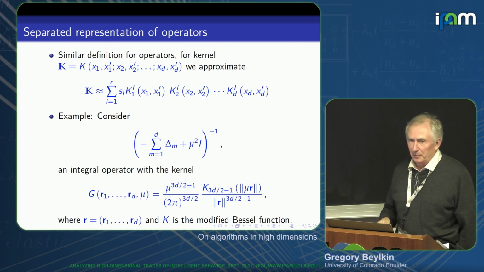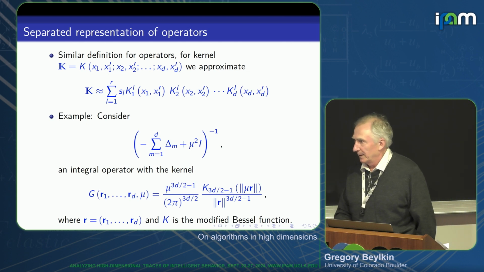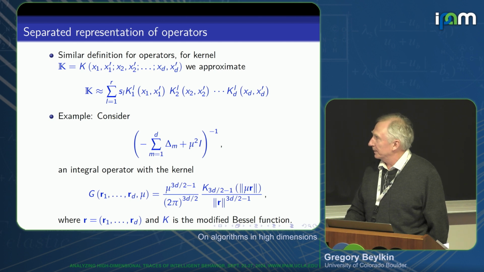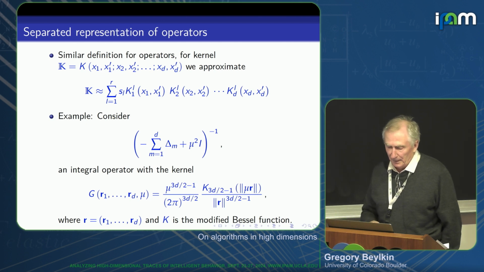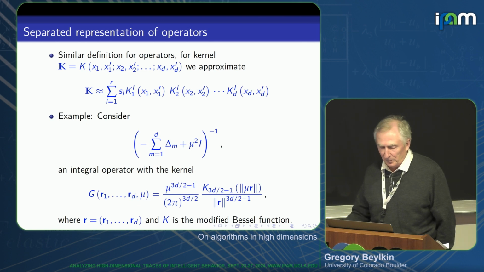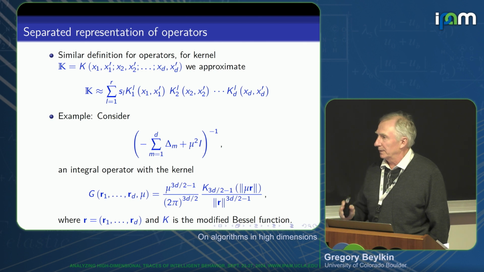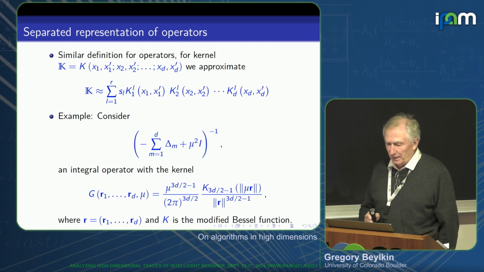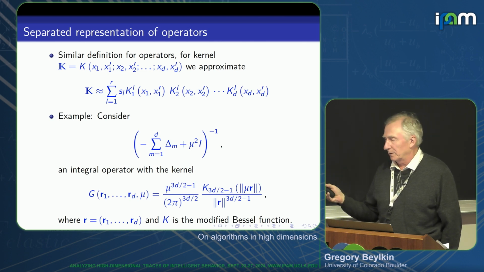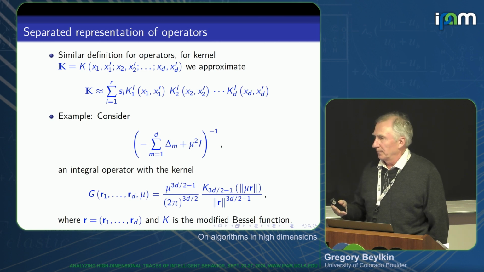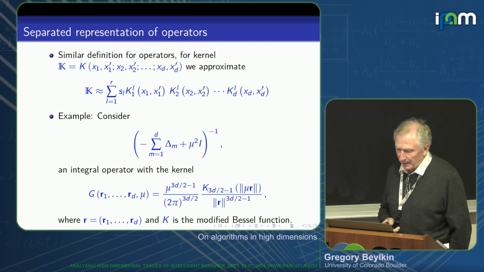Now, you can do the same with operators. And that's actually very interesting and has been very productive in quantum chemistry. So basically, you say that you want to have an operator written as a sum of products, and in each direction, you have kernels which are, say, 3-dimensional, maybe 2-dimensional, maybe 1-dimensional.